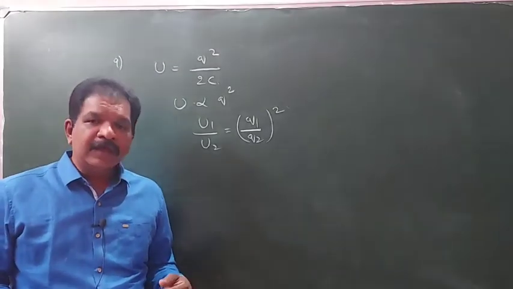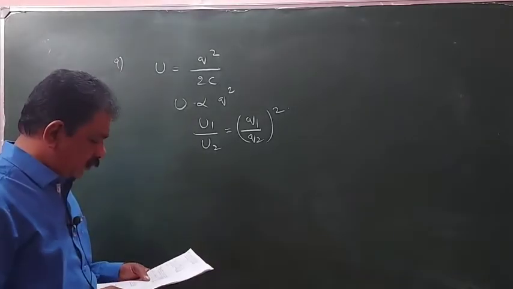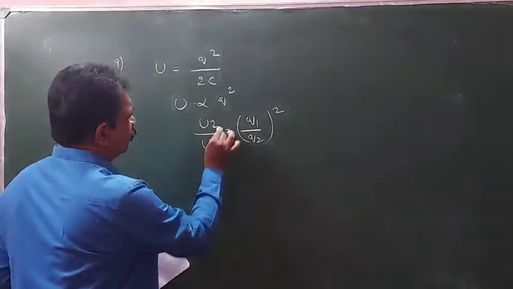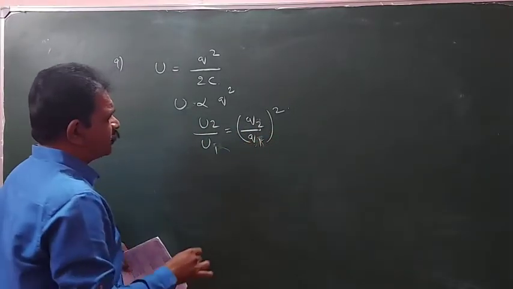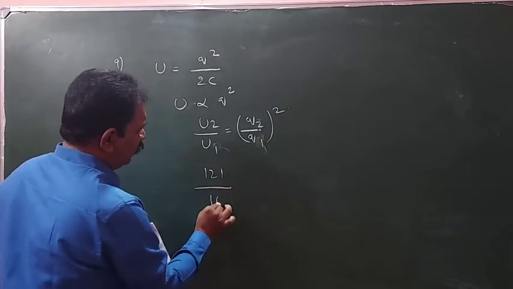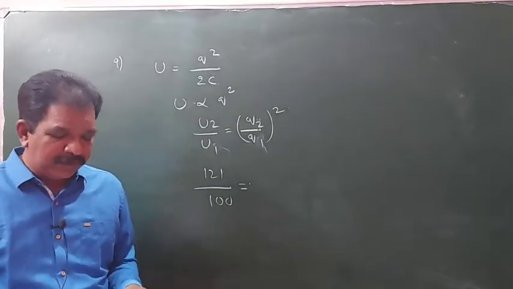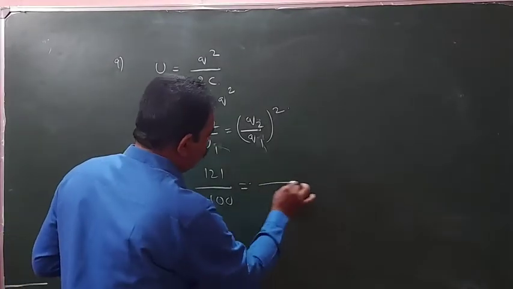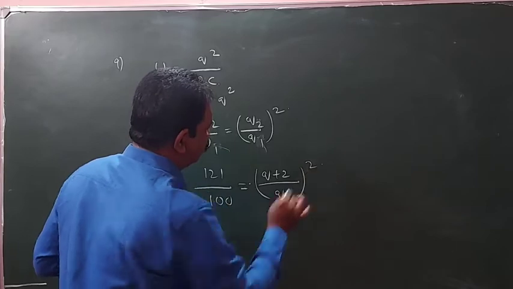Okay. Energy increases by 21%. So here we can take U2 by U1 is equal to (Q2 by Q1) whole square. If you take U1 as 100, U2 value will be 121, and Q2, if we assume Q1 as Q, will be Q plus 2, whole square.